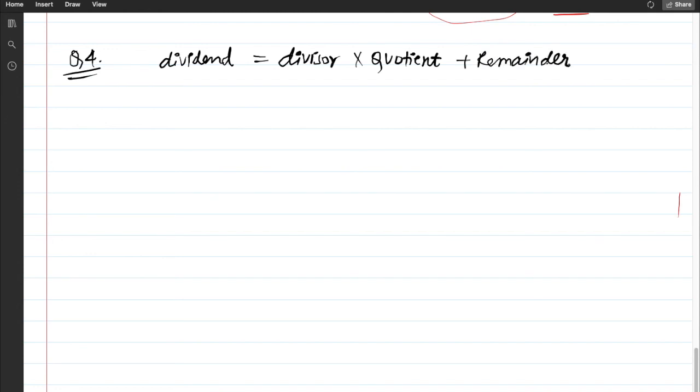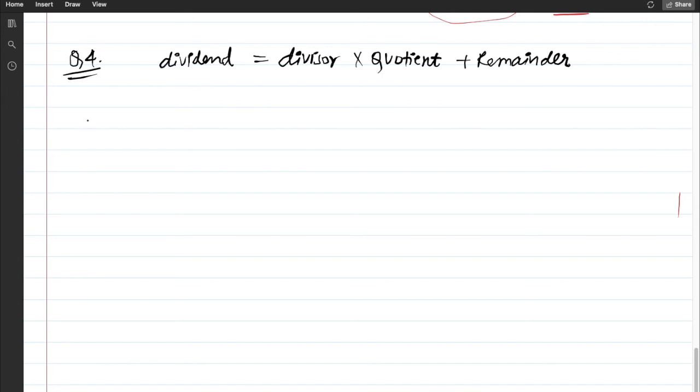Alright, now you know the normal relationship, that is dividend is equal to divisor times quotient plus remainder. Alright, I think you know this thing.